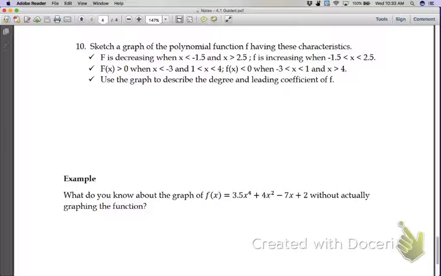So basically that tells me where my turnaround points are. Okay, so if I would actually graph this, I have 1, 2, 3, 4, and 5.